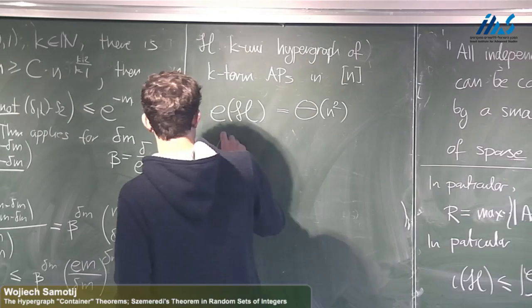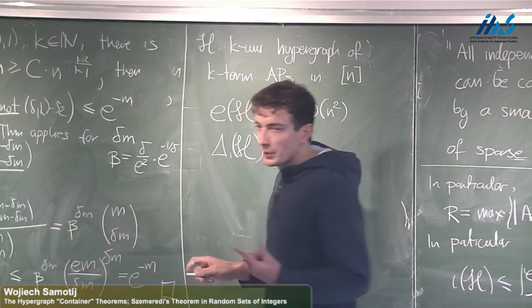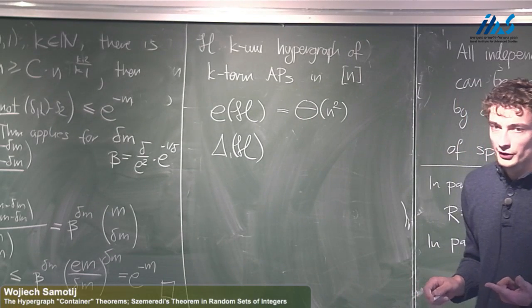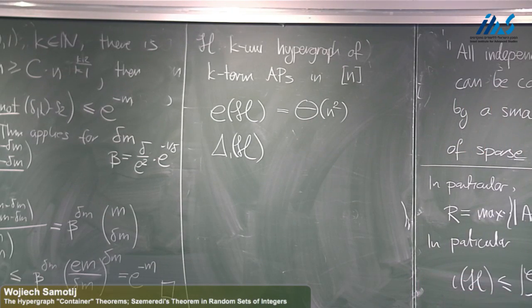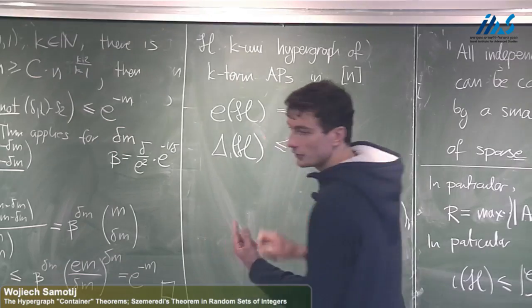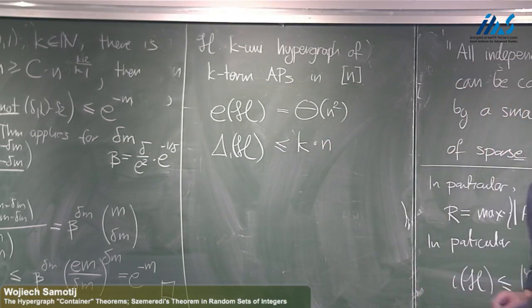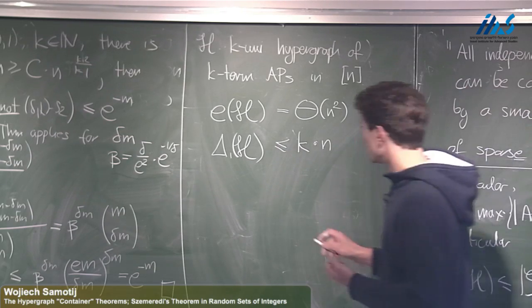Now, what is delta 1 of H? Given an element, how many arithmetic progressions can it be contained in? It's at most a linear number, because given an element, I can just choose which position it takes in the arithmetic progression and what is the common difference. So this is an upper bound. Now, delta 2.